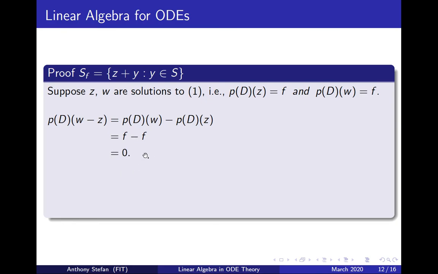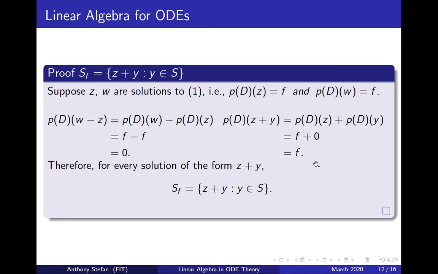Conversely, we can show that P of D on Z plus Y is equal to P of D on Z plus P of D on Y. Well, P of D on Z is F, and P of D on Y is 0. So this would just be equal to F. Therefore, to represent the entire solution space and every solution, it would need to be of the form Z plus Y.